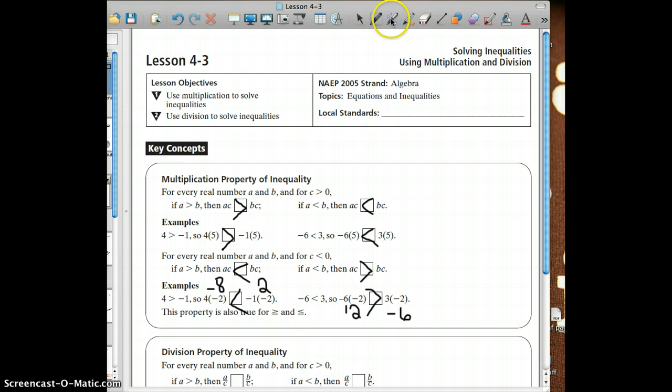Make sure you note this property is also true for the greater than or equal to or less than or equal to properties. All of these are the same if you add that line underneath any of those inequality signs. The properties still hold true.